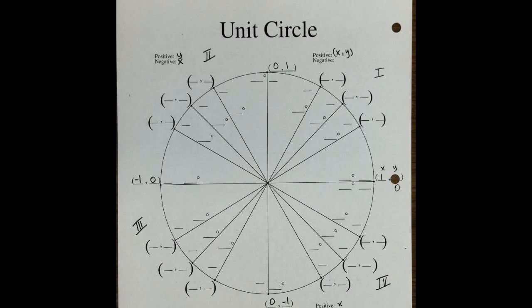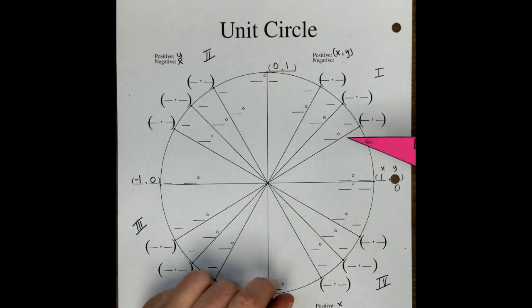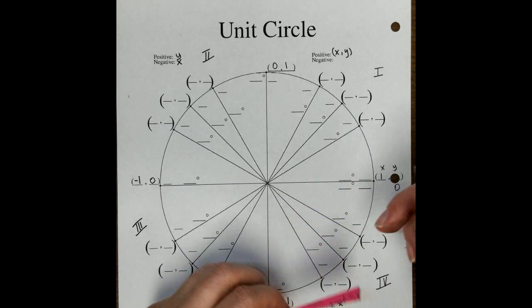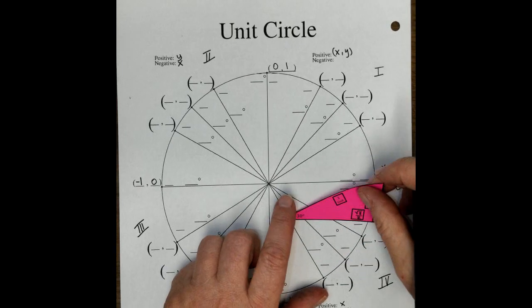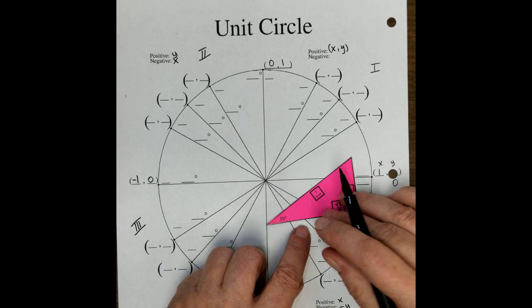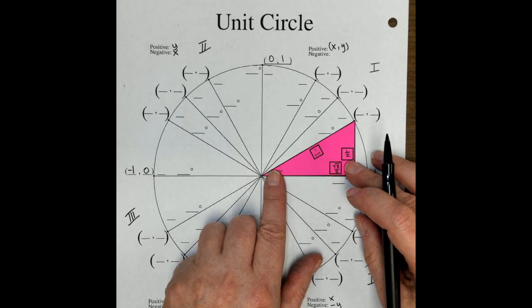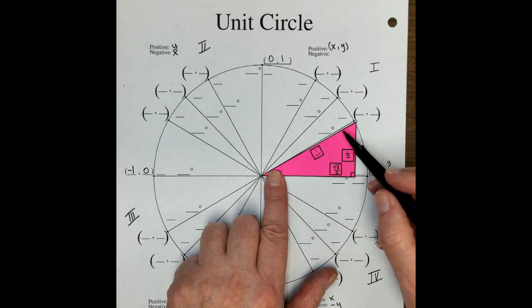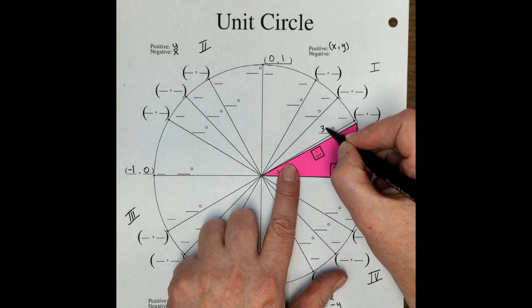So we're going to use our circle, or our little triangles that we cut out and we solved for. The first one I have right here, we're going to be looking at our degrees and our coordinates. If I put this triangle right here in reference to the x-axis, this angle that's created here is 30 degrees.